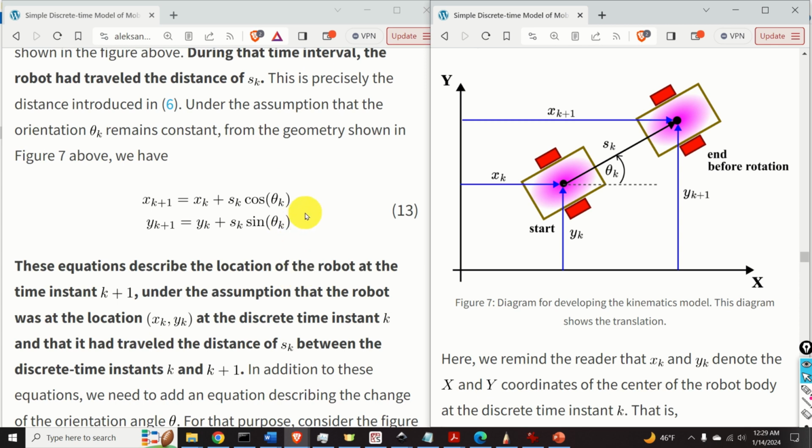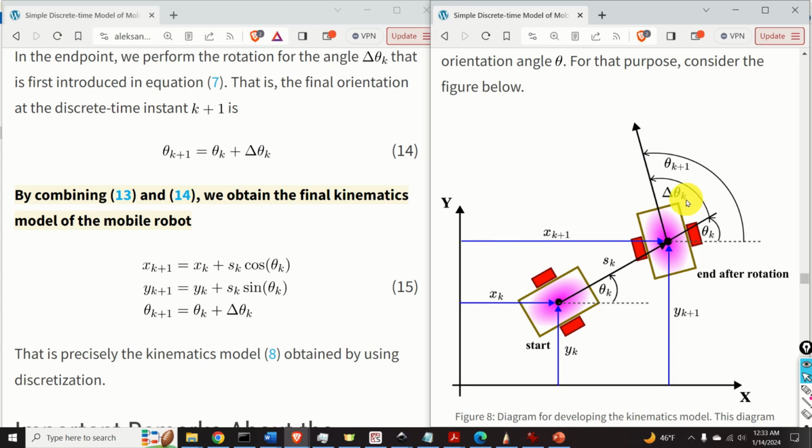These two equations describe the location of the robot at the time instant k plus 1 under the assumption that the robot was at the location xk and yk at the discrete time instant k, and that it had traveled the distance of sk between these two discrete time instants. Next, we need to incorporate the rotation. In the endpoint, that is over here, we perform the rotation for the angle of delta θk.